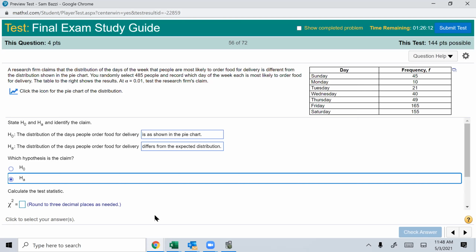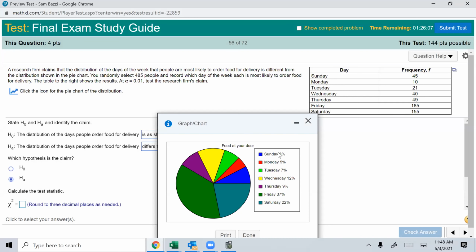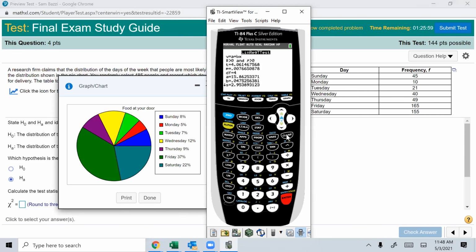Calculate the test statistic. Okay, for the test statistic, guys, you have to do some work before you even use StatCrunch or the calculator. To use the calculator, this is what you have to do, guys. You put the observed values, the frequencies, in L1, and the expected values in L2.